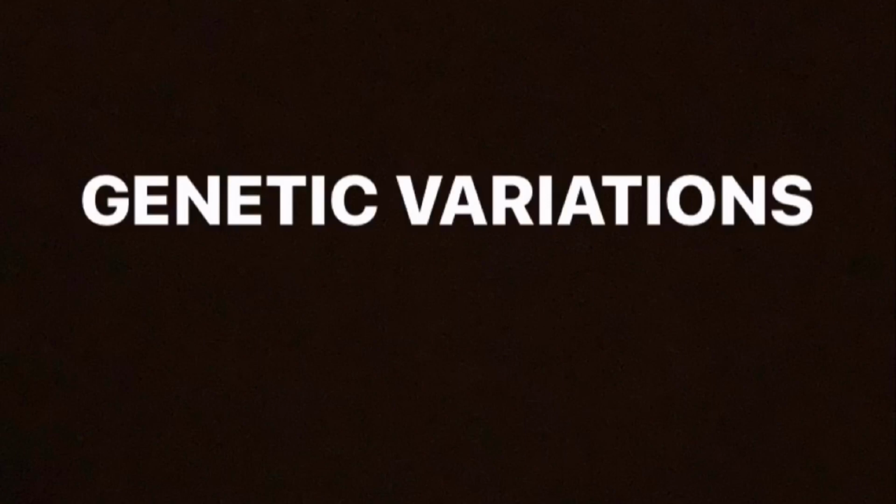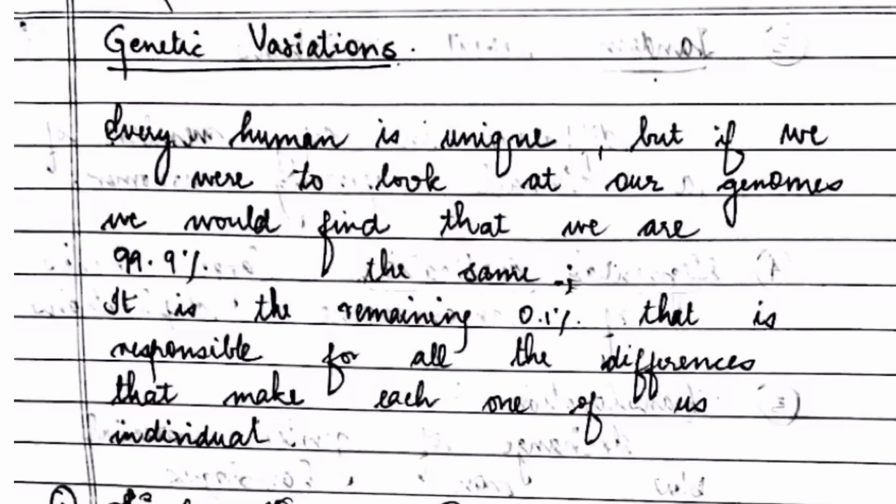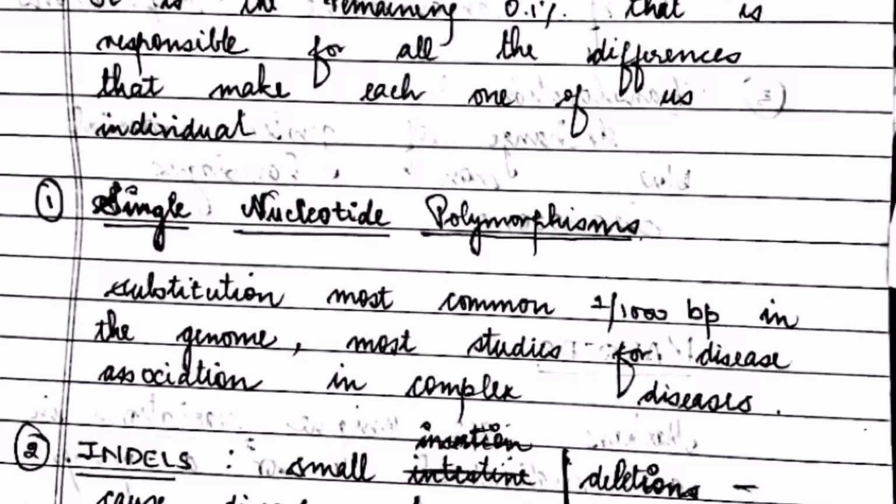Genetic variation means every human is unique, but if we were to look at our genomes, we will find that we are 99.9% the same. The remaining 0.1% is responsible for all these differences.